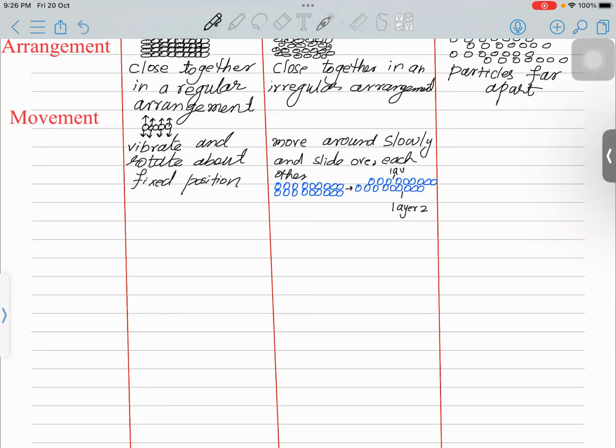So they slide over each other. पानी के अंदर हाथ डालो तो पानी आगे पीछे होता है. गिलास में पानी डाल के शेक करे वो आगे पीछे होता है. Because layers slide over each other.